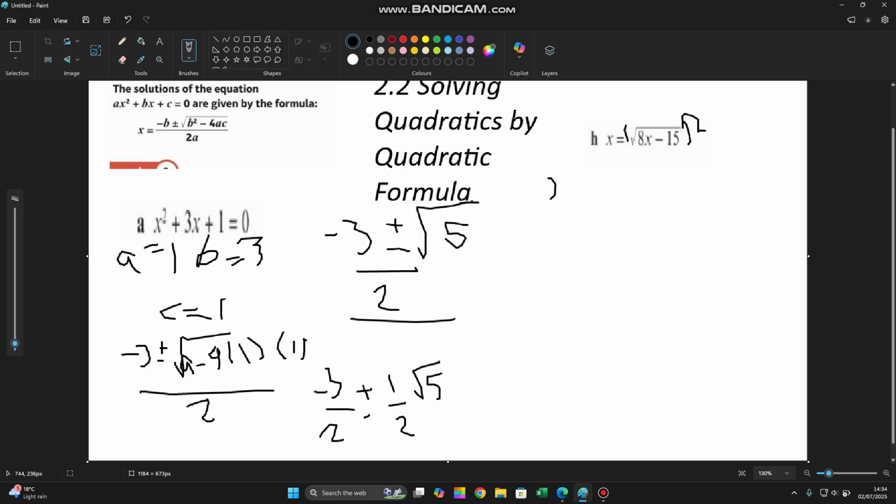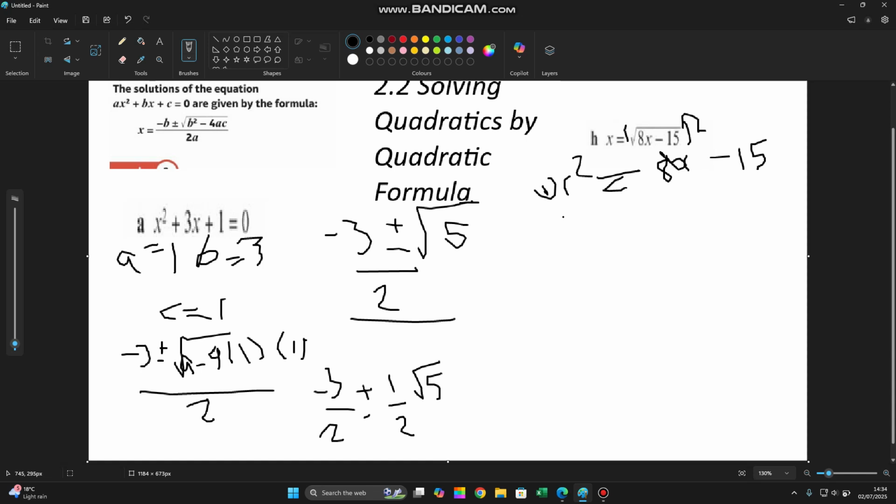So we get x squared equals 8x minus 15. The x squared equals 8x minus 15.